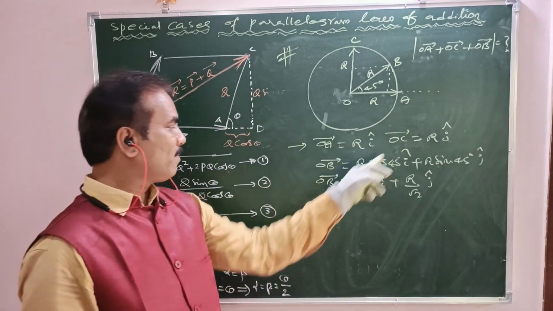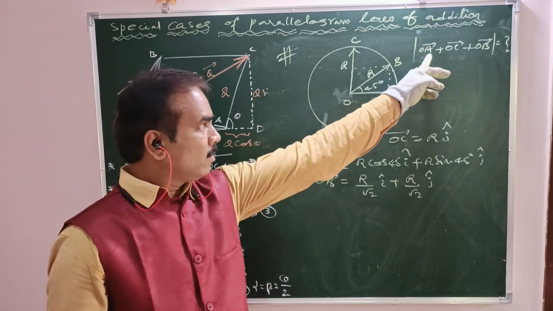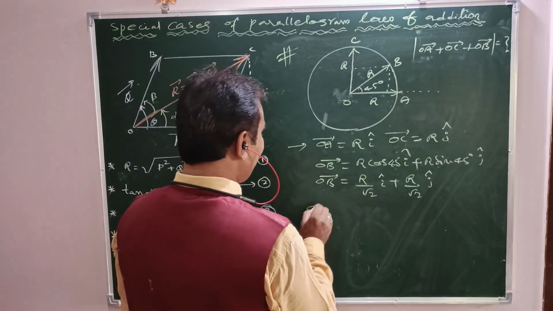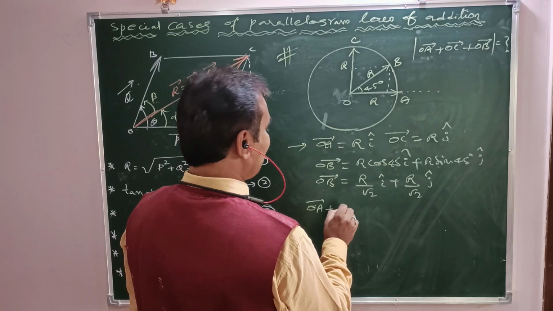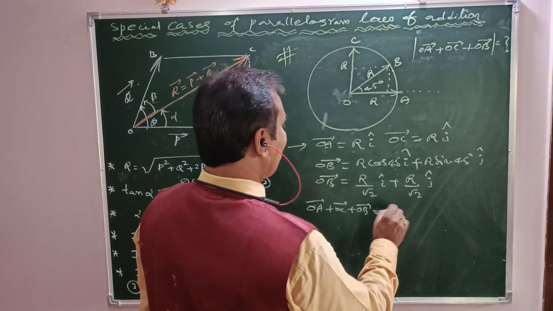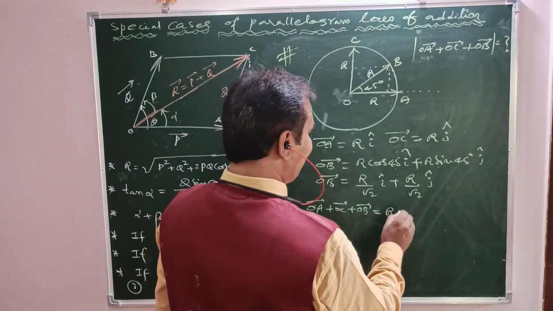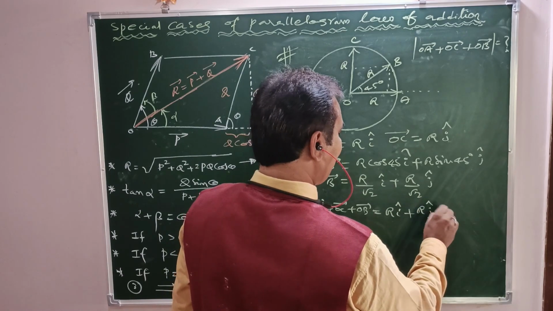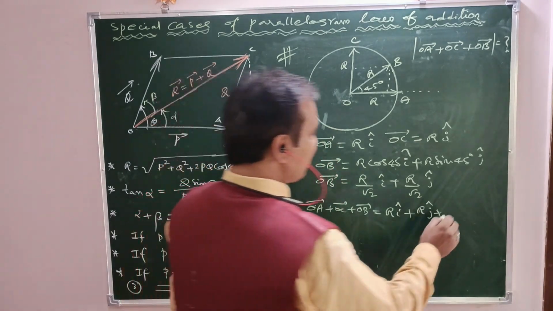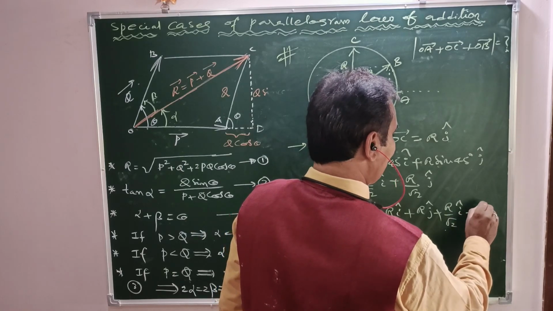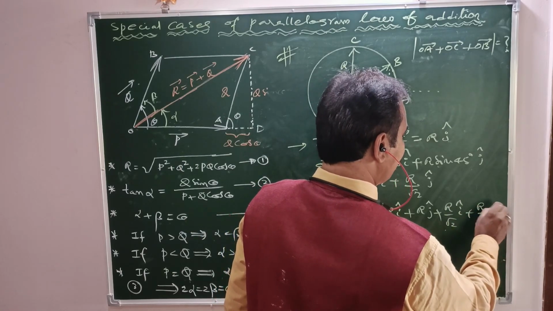OA bar, OC bar, OB bar. Now take OA bar plus OC bar plus OB bar. That is equal to: OA bar means R i cap, OC bar means R j cap, plus OB bar means R by root 2 into i cap plus R by root 2 into j cap.